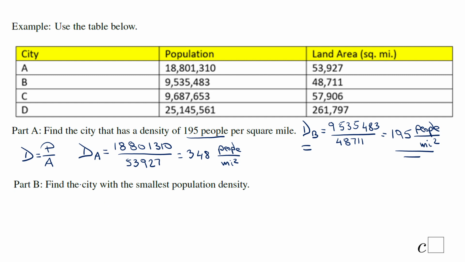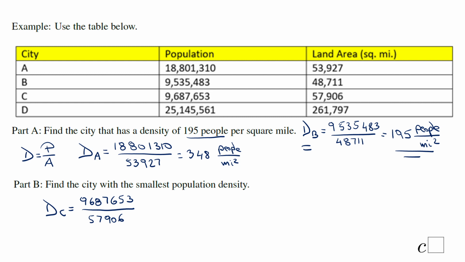Now, find the city with the smallest population density. We need to find the other two cities. Now we know the density of A, the density of B. What about the density of C? In fact, that will help us to really see if we did a good job on part A. The density of city C: 9,687,653, the population of that city, over 57,906, the land area.